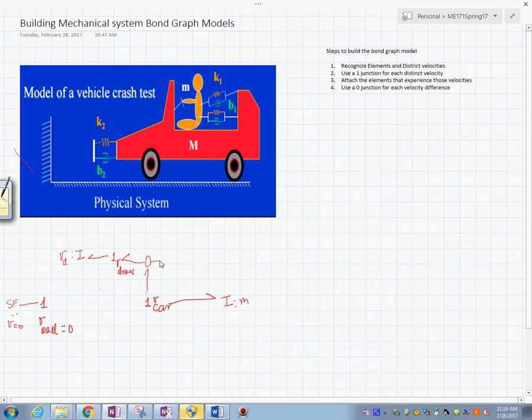So the difference of this is going to be the velocity of the car minus the velocity of the person. Velocity of the driver is what we're calling it. And the seat belt experiences those velocities.